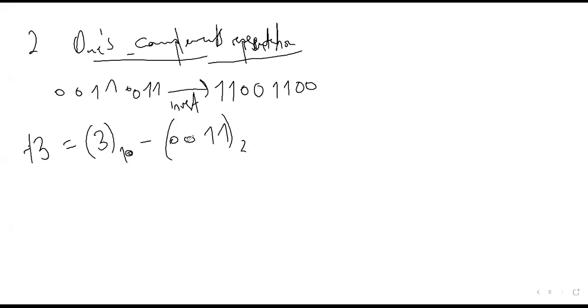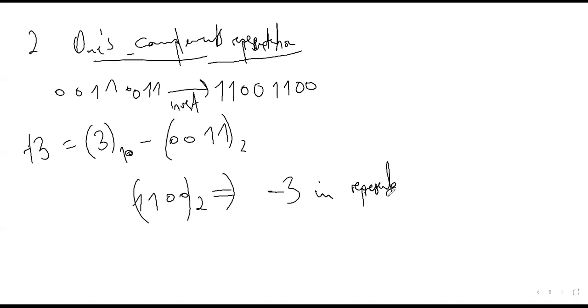So if I invert all the bits here, I get 1, 1, 0, 0 base 2. This is negative 3 in representation one's complement.